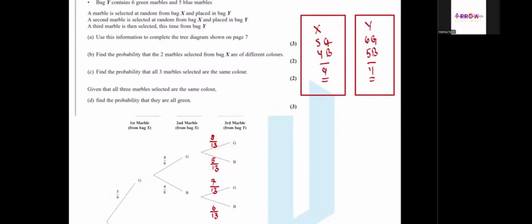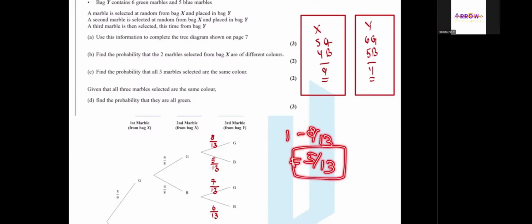To fill this value, you can just use the fact that the sum of these two values will be equal to 1. So 1 minus 8 over 13 will obviously give you 5 over 13.